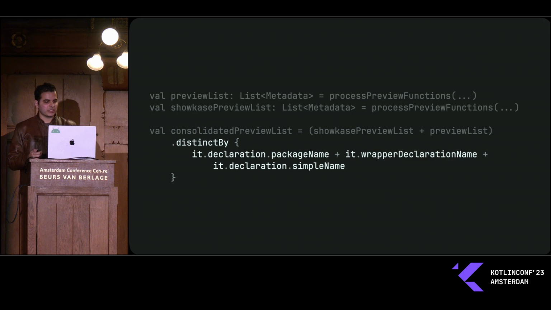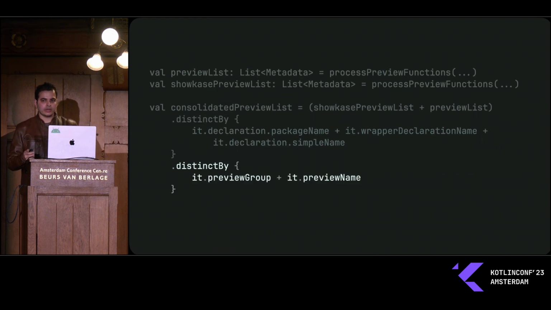And we'll use a combination of the package name, the wrapper class, if any, or it could just be null if it wasn't wrapped inside anything, and the name of the function itself as the first level of deduping mechanism. And then we do another level of deduping to ensure that no two components have the same component name or the group name. If you wanted, you can also spit out some information as part of the processor itself so that we let the end user know that they have duplicates.